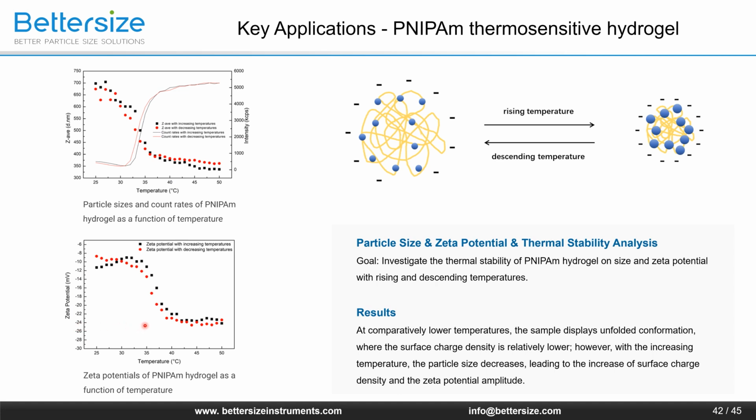When the temperature reaches 50 degrees, the potential is increased to around -24 millivolts. In summary, the decrease of particle size leads to the increase of surface charge density, and zeta potential reflects the degree of charge density.